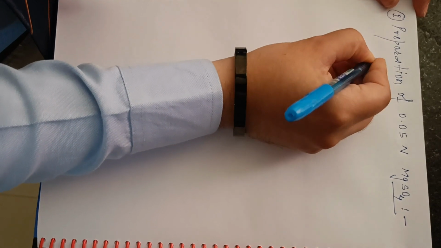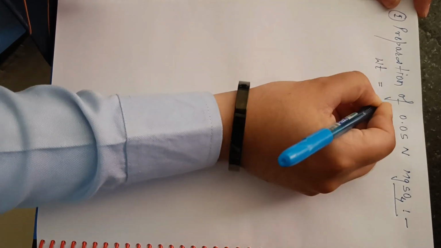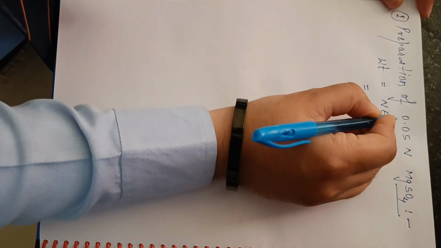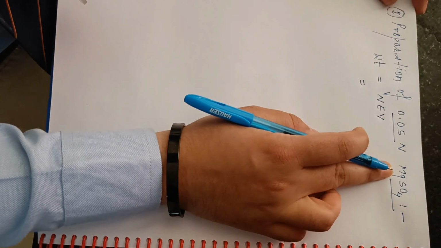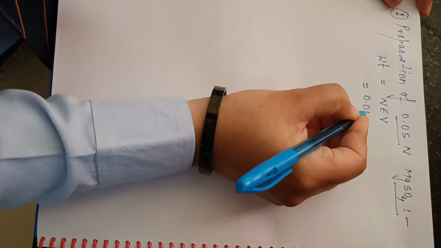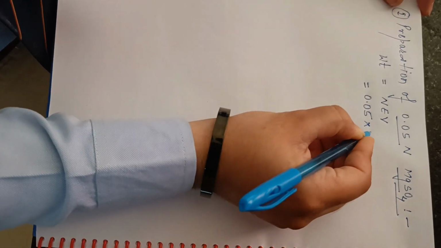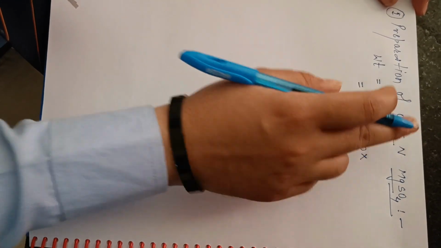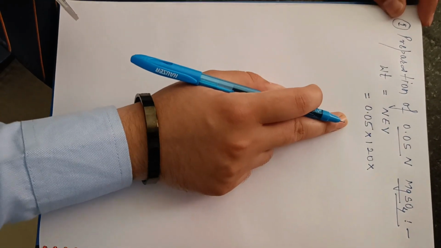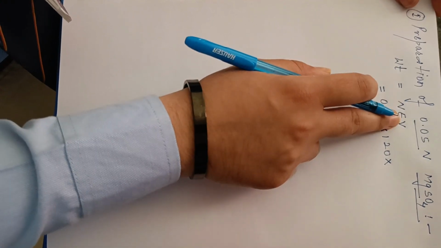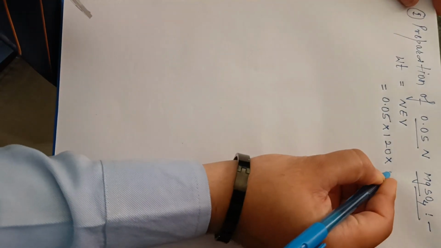The formula that applies here is weight equals N into E into V, and V must be in liters. The normality for our primary standard, MgSO4, is 0.05, and the equivalent weight of MgSO4 is 120, and the volume we are dissolving it in is 100 ml. Since the volume should be in liters, it is 100 divided by 1000, which is 0.1.